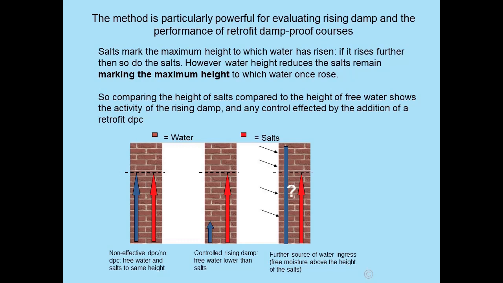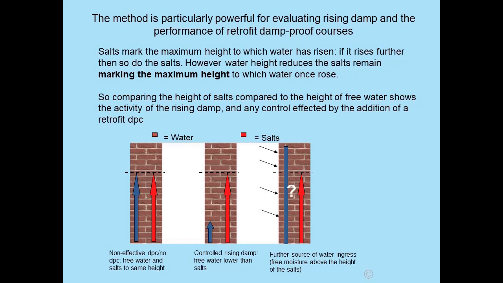The drawing on the left shows a non-effective DPC. There's free water present to the height of the salts. The centre diagram shows salts up to a given height, but there is only water rising now to a much lower height. Therefore, that water has dried down from the original height as indicated by the salts.